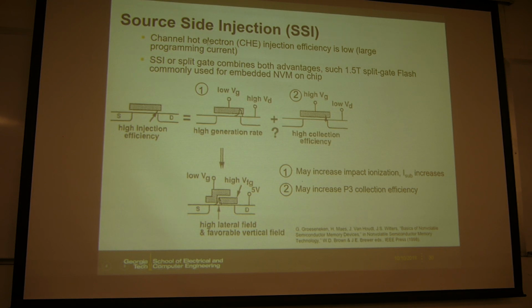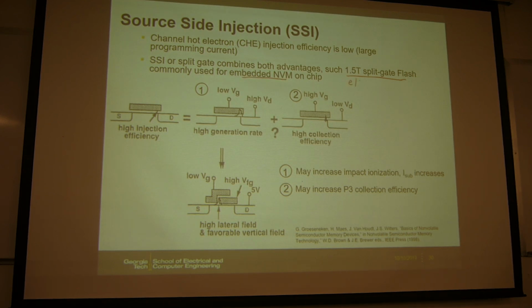So here there's an idea to improve this. This is the so-called source side injection, and it will enable this 1.5 transistor, 1.5T split gate flash. This kind of design is widely used for the embedded non-volatile memory on chip.